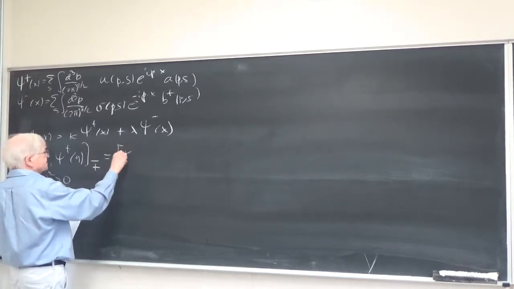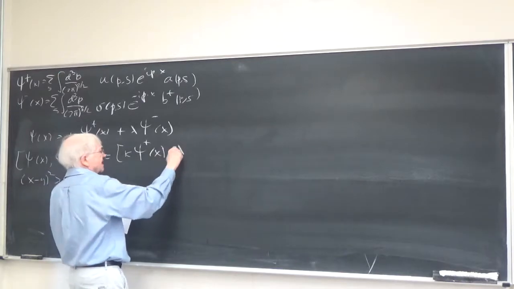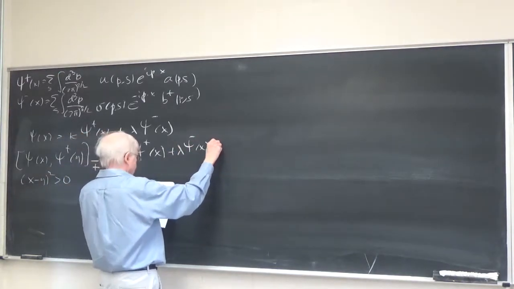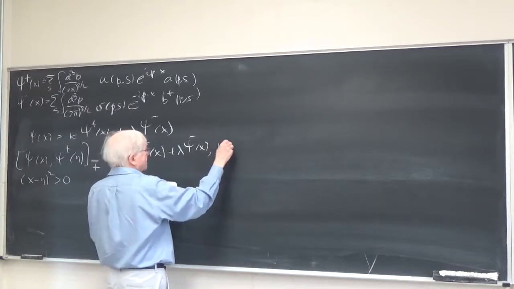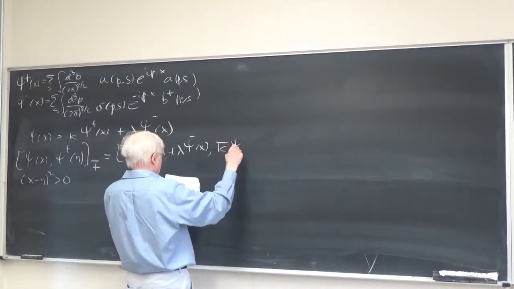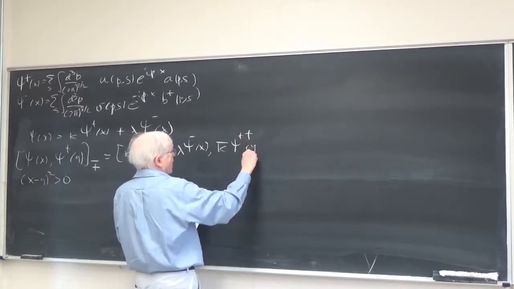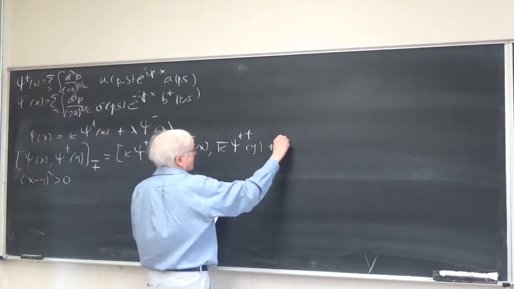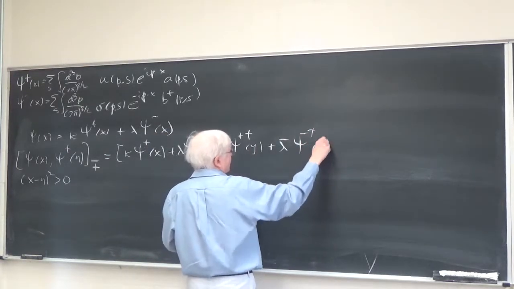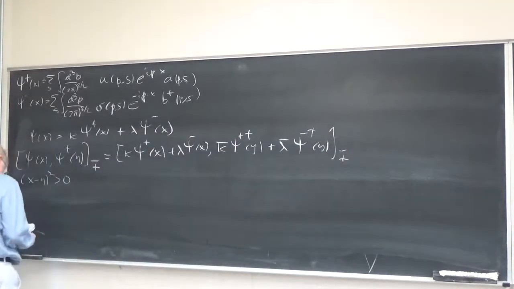And this, of course, is going to be kappa psi plus of x plus lambda psi minus of x, and then kappa bar psi plus dagger of y plus lambda bar psi minus dagger of y. And we want this then to vanish.